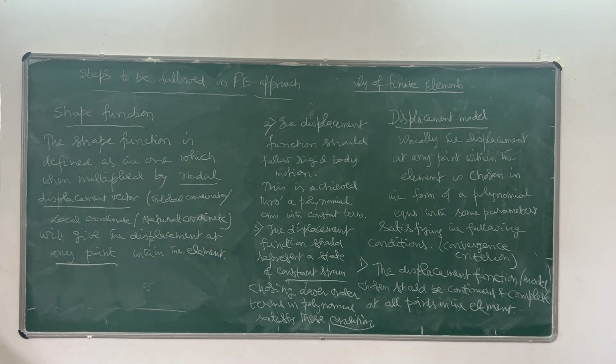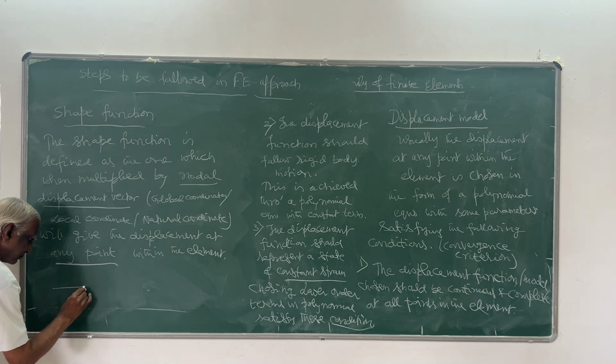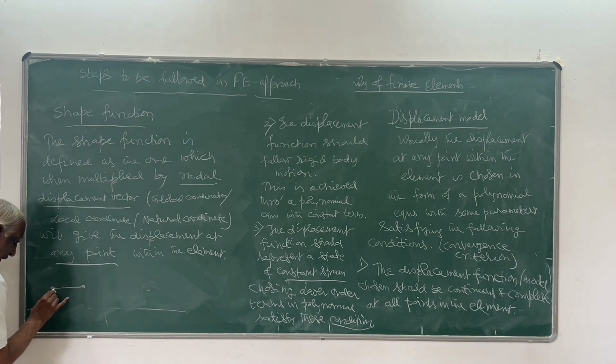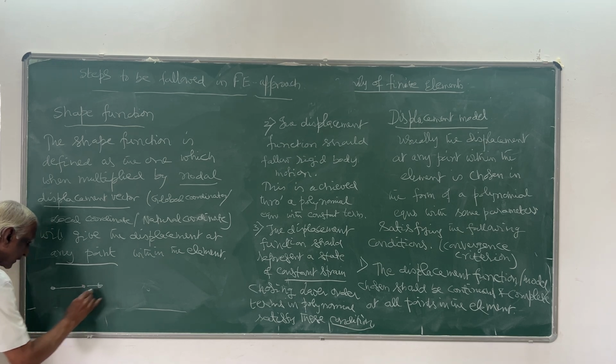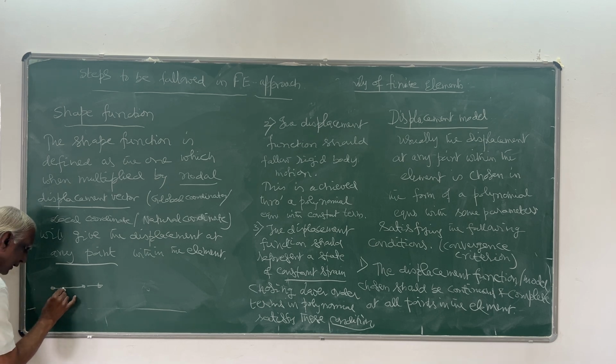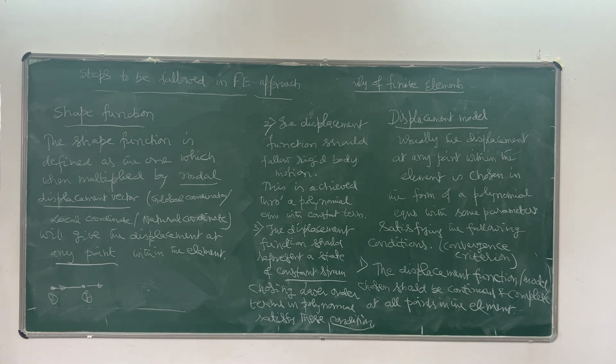That is the definition. Suppose you take a line element having 2 end nodes. I will take a bar element. It will have one displacement, another displacement. So this is node I, node J of the bar element.